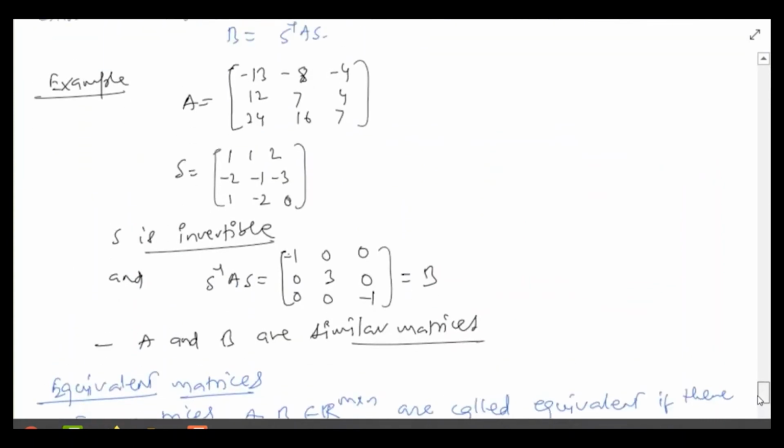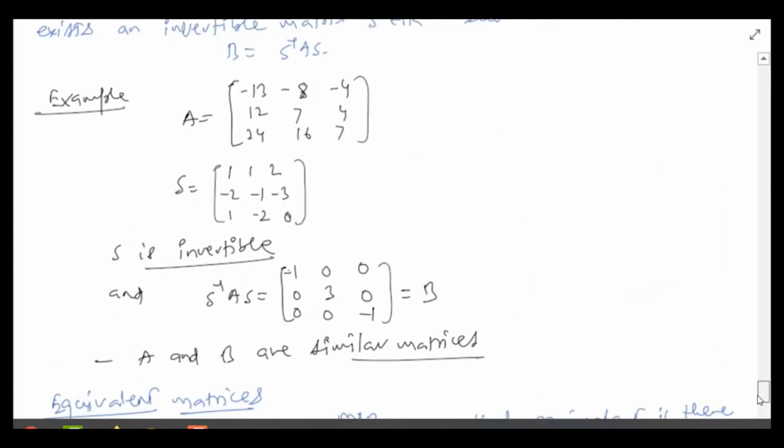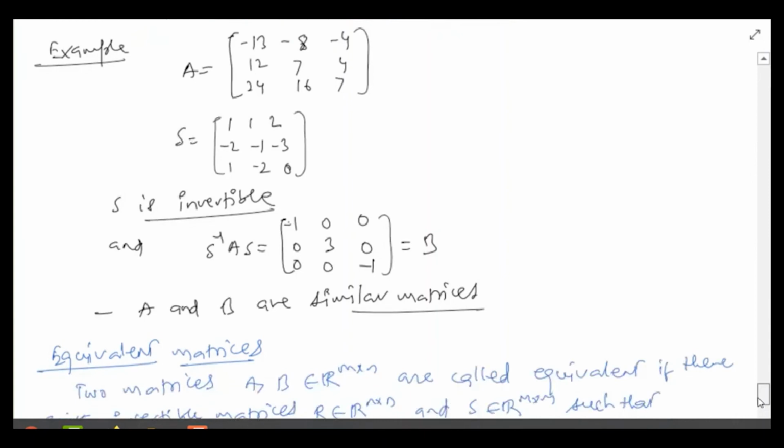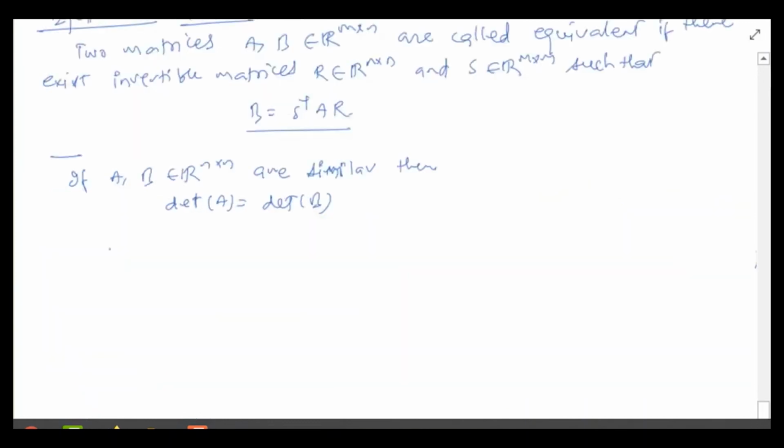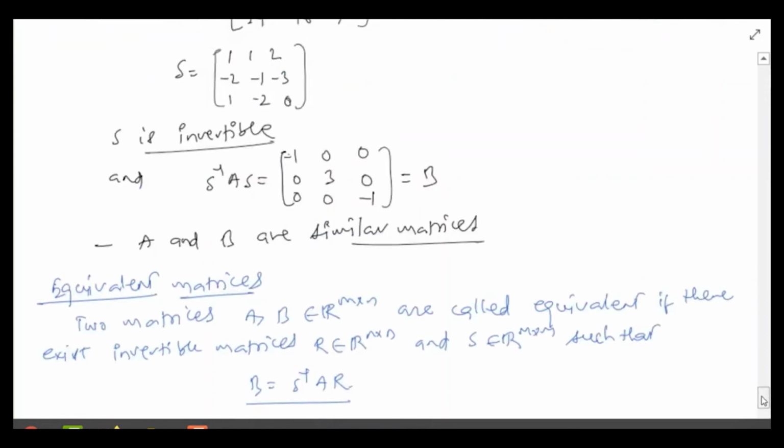For instance, if you look at the above example, where determinant of A is somewhat involved to calculate, we can readily see that B is a diagonal matrix, and so it is both upper triangular and lower triangular. Determinant of B is the product of its diagonal elements, so it is minus 1 into 3 into minus 1, which is 3.